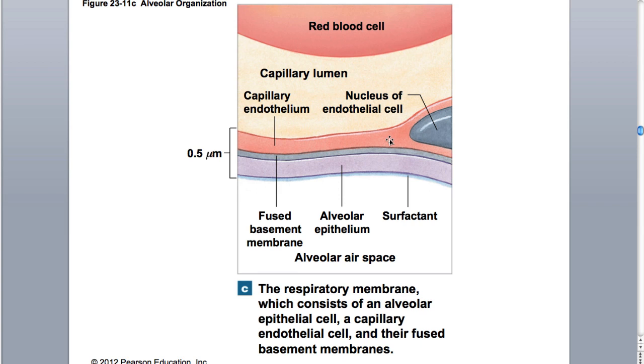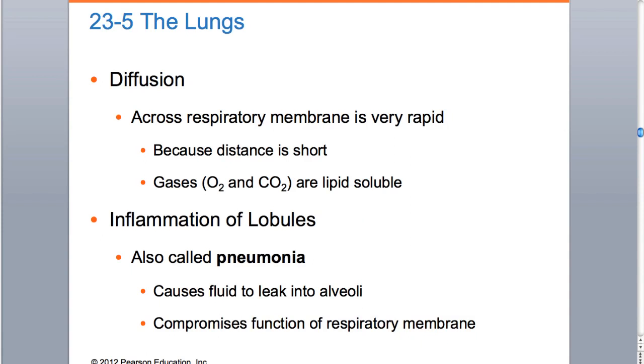So again, I don't care for the picture, but I want you to understand that between the alveoli and the blood, that distance is short. Why? Because of diffusion. So this area is short because gas exchange occurs by diffusion. Next slide. There it is.